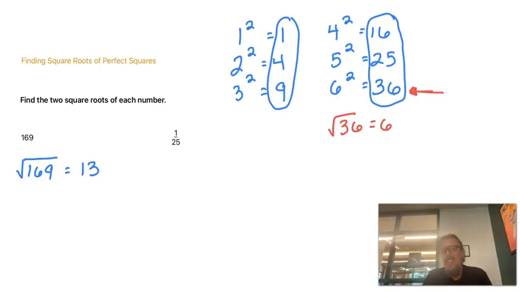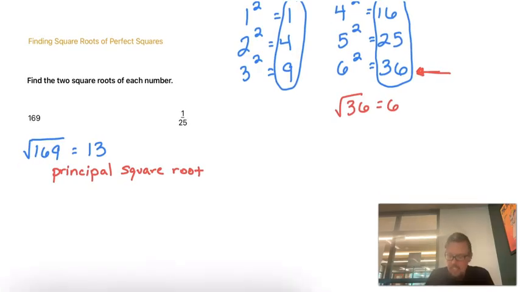However, it turns out there are actually two different numbers that when you multiply them together, you get 169. 13 is a positive, or what is called a principal square root. A principal square root is the positive one. There's also a negative square root because 13 times 13, or 13 squared, is 169.